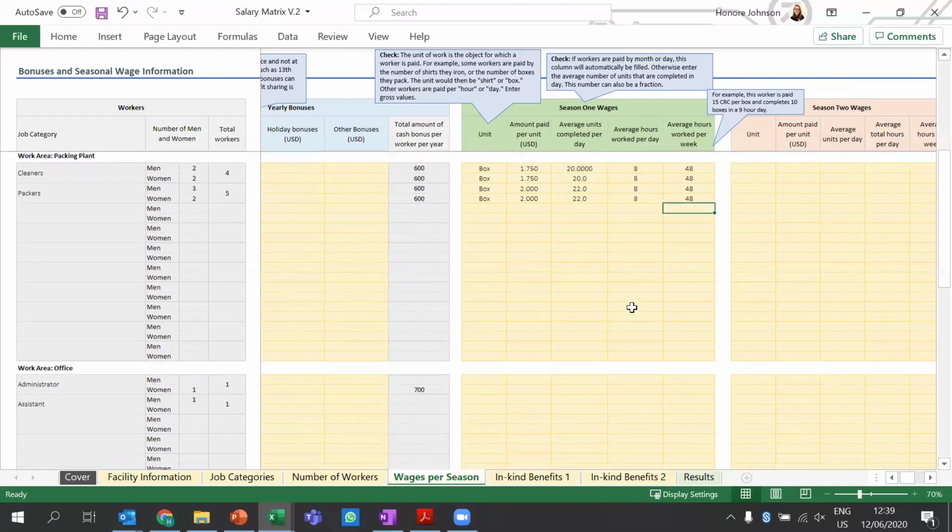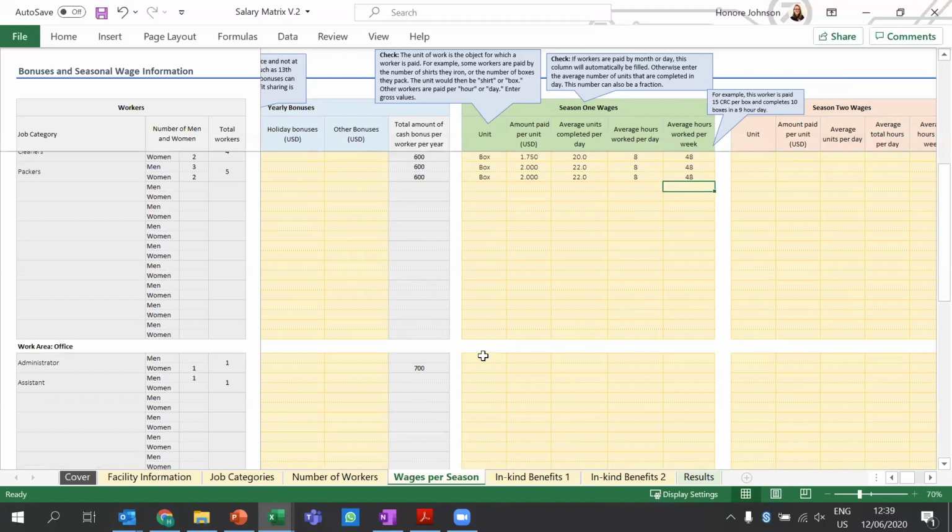And for the last category, the work area of office, the administrator and assistant are both paid in a time unit. The female administrator is paid per month, and they're paid $1,500 per month. They work 8 hours a day, about 50 hours a week.